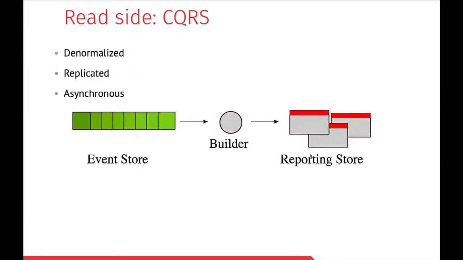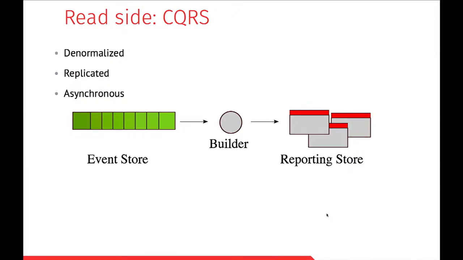So this side is read-only, and this side is, for all practical purposes, write-only. Now, CQRS here stands for Command Query Responsibility Segregation, and it means that we could just put a separator right in the middle, where the builder is, and call those two separate systems.